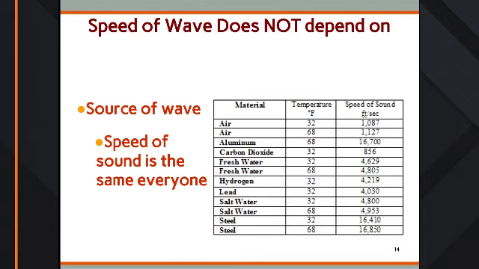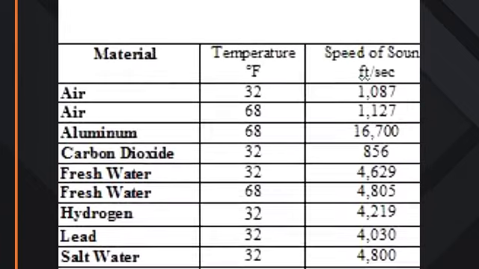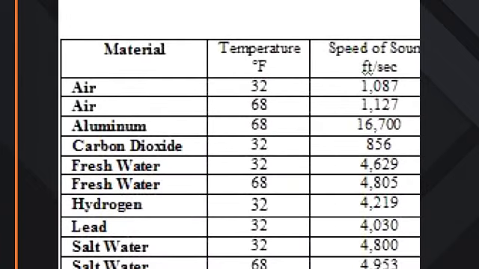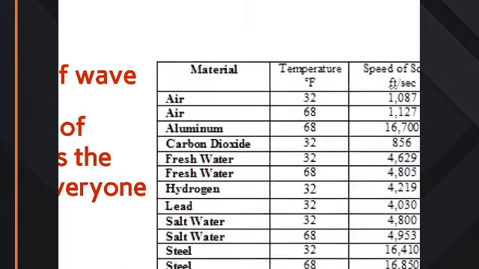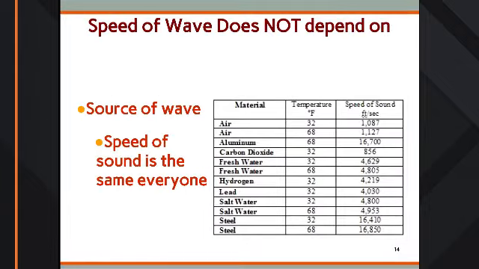All right? And I have on the right-hand side some examples of it. If you're looking at air, nice cold air, at the freezing point, how fast is the speed of sound? Well, if the air outside is 32 degrees Fahrenheit, sound is going to travel at 1,087 feet per second for every single person.